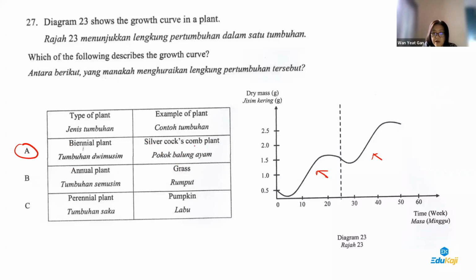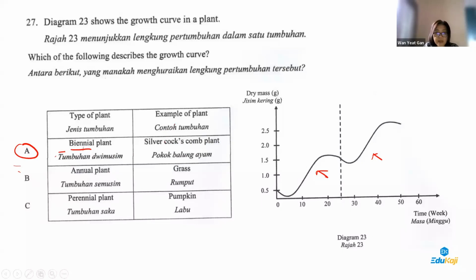The first year results in the formation of leaves, stem, and shoots. In the second year, the biennial plant will start to flower and fruit, and thereafter they die. So their lifespan is usually 2 years.